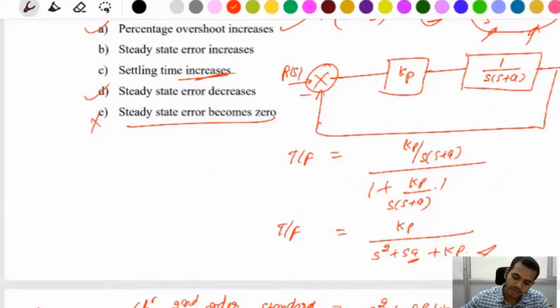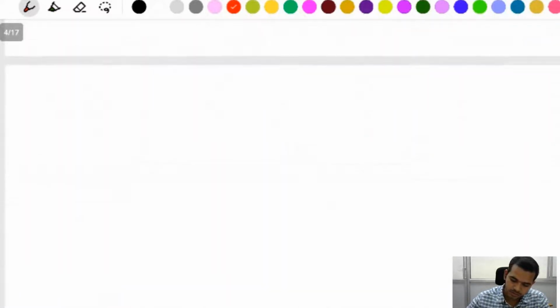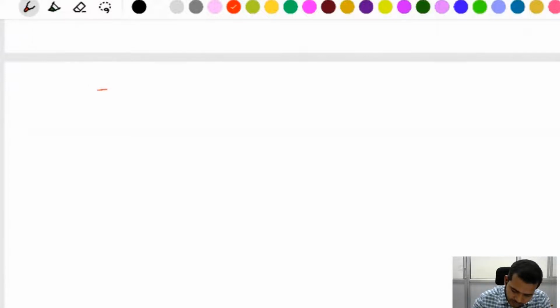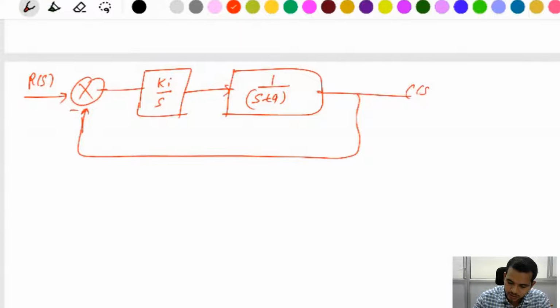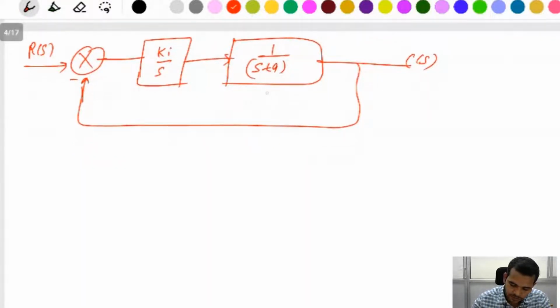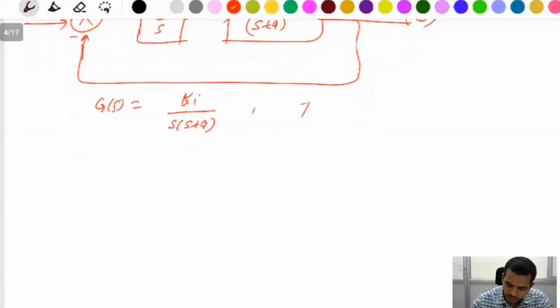In place of Kp, introduce Ki, like 1 by S times K. In a simple system, you can take any system S plus A. Then total G(s) is Ki divided by S, sorry, S plus A. Steady error is equal to limit S tends to 0 of S R(s) divided by 1 plus G(s).